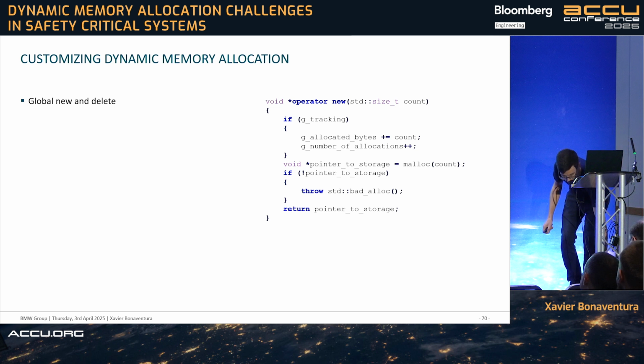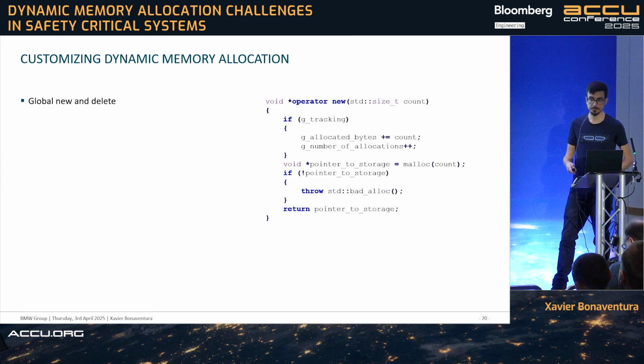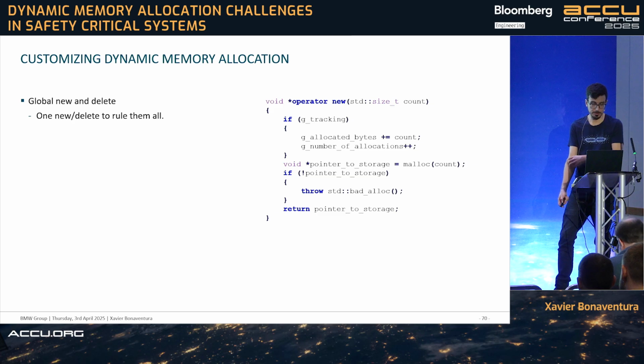Replaceable means that they are replaceable at link time, and you can provide your own implementation. You can do whatever you want there. In this case, we are just mimicking the standard with a small difference.